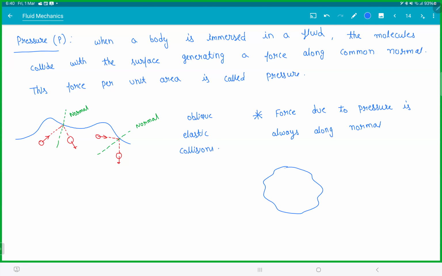So if you take some random shape here and immerse it in a fluid, you can be sure whatever the force is, it will be perpendicular to the surface.